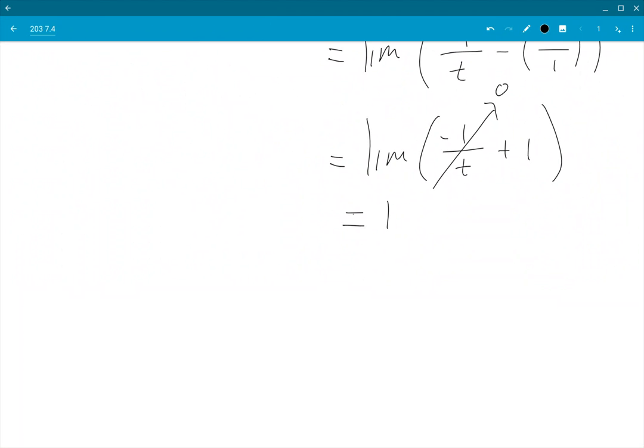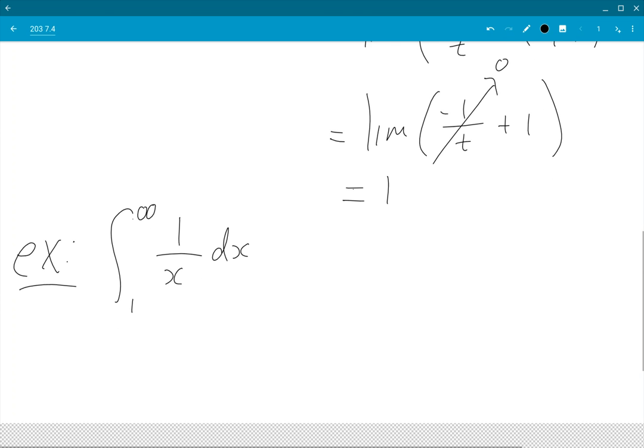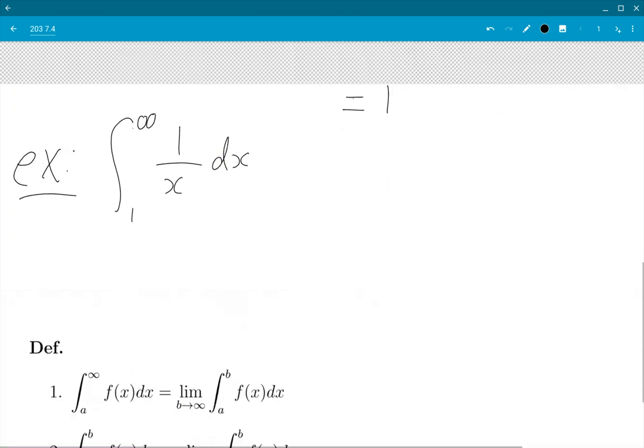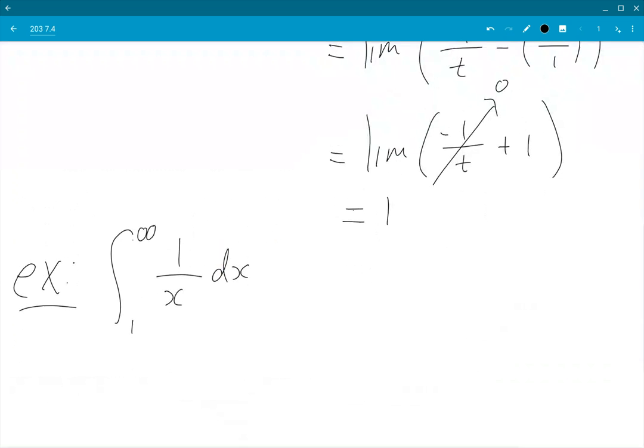Okay, let's try the integral from 1 to infinity of just 1 over x dx. So this one we will use the same approach.